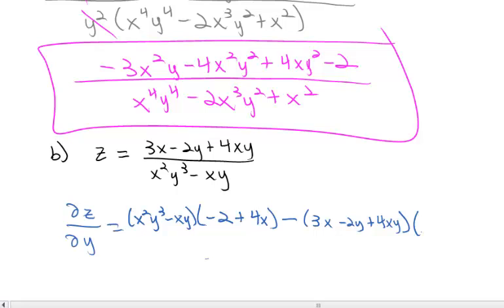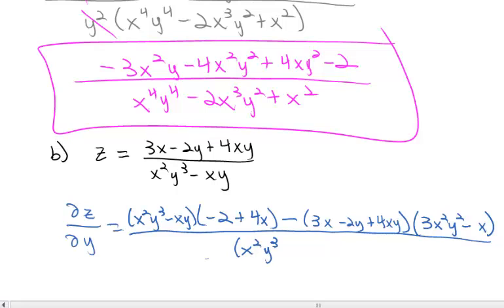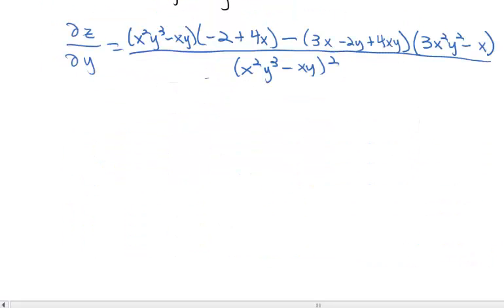D low, the derivative of the bottom, the y cubed is 3y squared, so we have 3x squared y squared, minus the derivative of xy is just x, all over the low squared, x squared y cubed minus xy squared. And in much the same way, we're going to simplify this guy, see what we come up with.